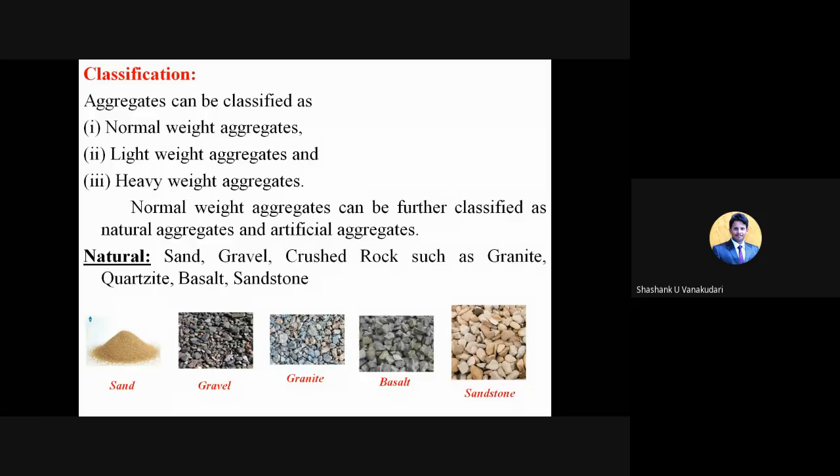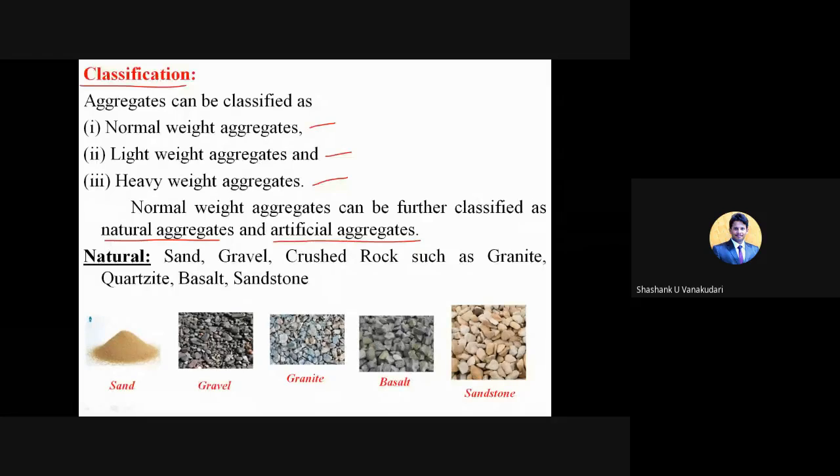Basically, you know these concepts, classifications. Aggregates are classified as normal weight aggregates, lightweight aggregates, and heavyweight aggregates, depending upon the weight of the volume. We have divided them in various aspects. And normal weight can be further classified as natural aggregates and artificial aggregates.